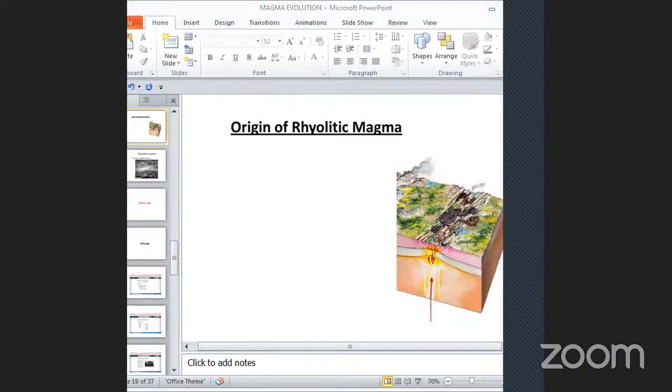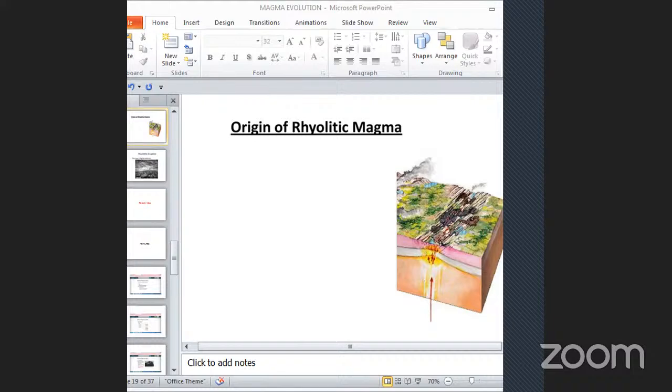So most of the rhyolitic magma appears to result from wet melting. Remember, wet melting of continental crust, right? So the most rhyolitic are found in areas of continental crust. So when most rhyolitic magma erupts from volcanoes, it does so very explosively, right?